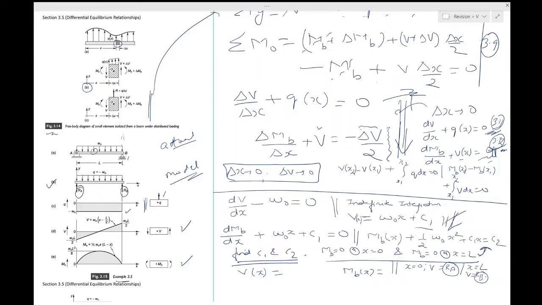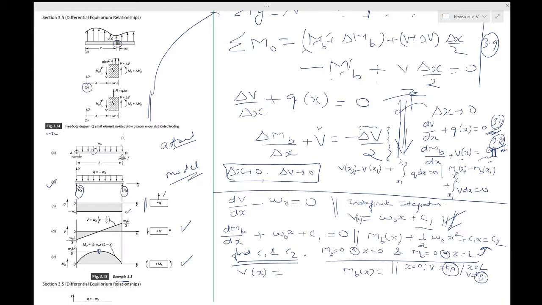This uniformly loaded beam is actually very important, and many constructions and bridges have a uniform loading. You have seen that the center of the beam seems to have the maximum bending moment.